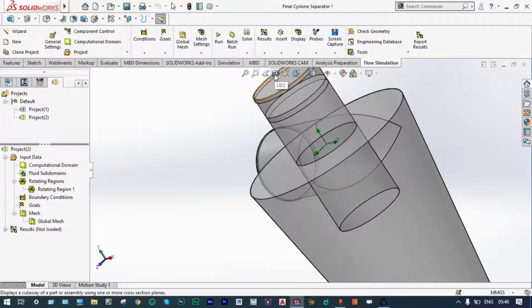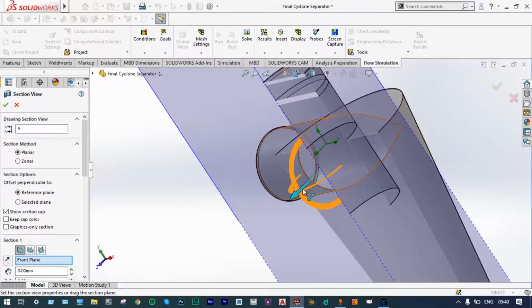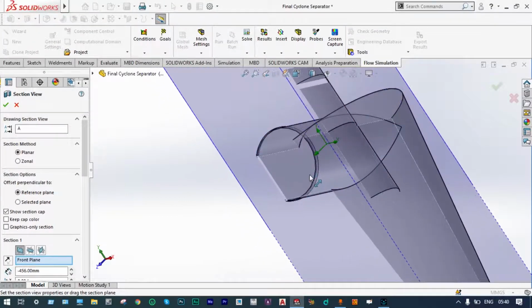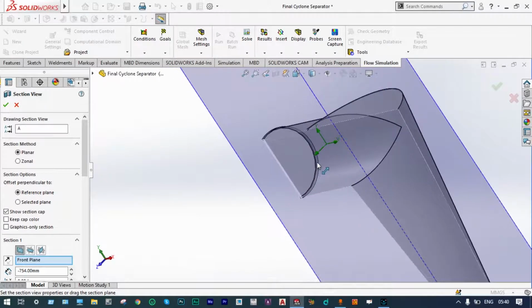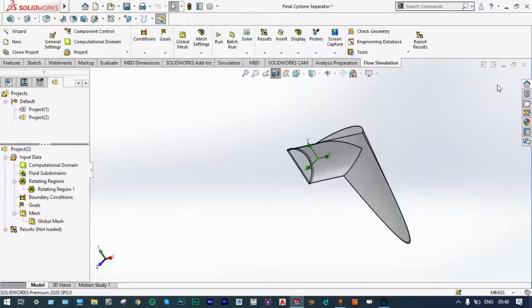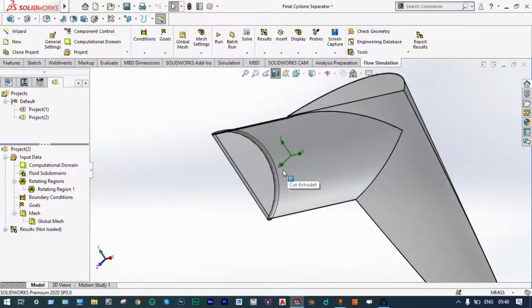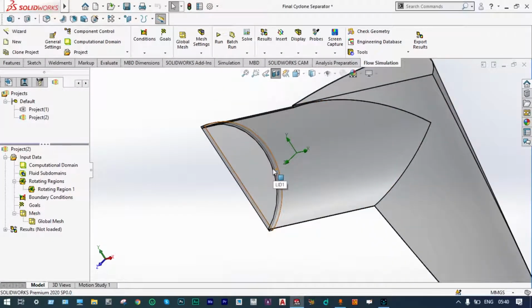Let's cut it and drag it along the plane from which the fluid particles will be entering. We've cut this along the front plane and dragged the plane a little bit inside to make a proper selection of the inlet entry for the fluid particles.